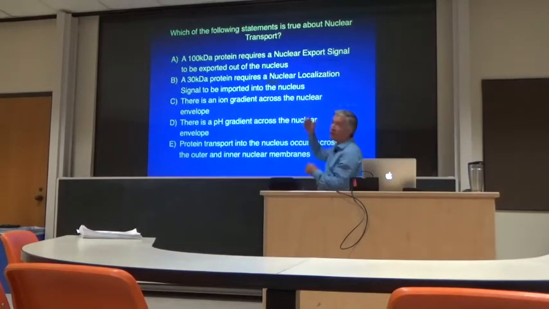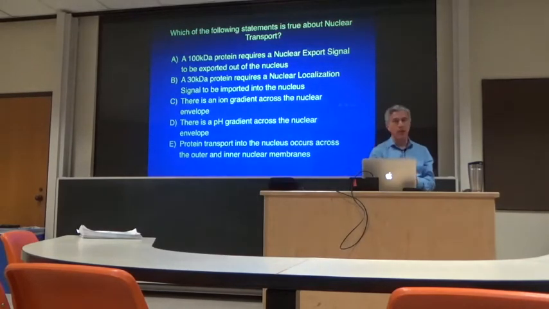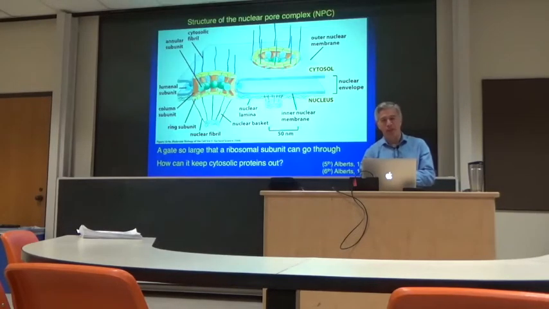So that is a true statement, A. Similarly, those holes are so big that B, C, and D are also true: small proteins can go across, ions can go across, hydrogen ions can go across. It's like gateways.